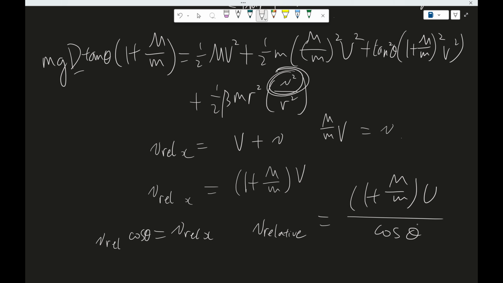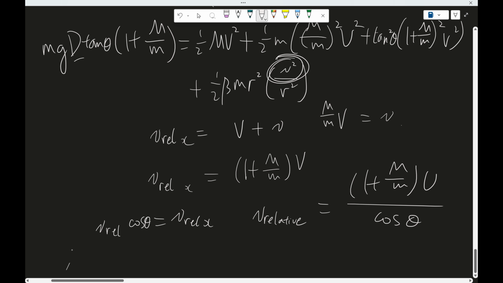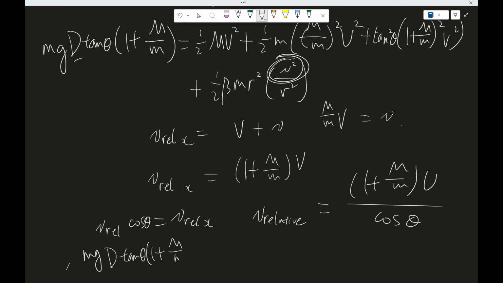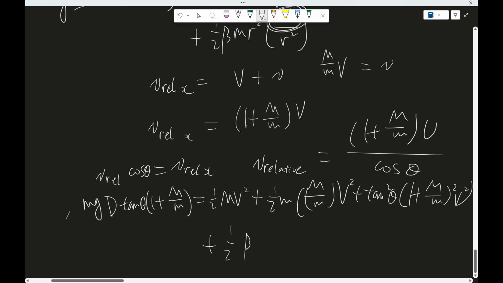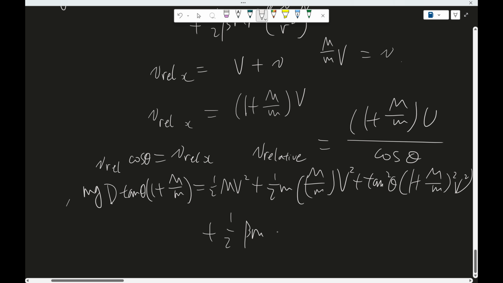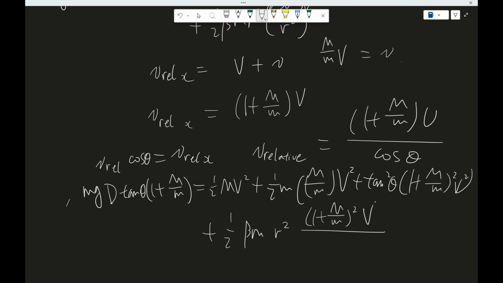the actual equation for the setup should just be small mg d tangent theta times 1 plus big M over small m equals half big M big V squared plus half small m times big M over small m squared V squared plus tangent squared theta times 1 plus big M over small m squared V squared plus half beta m r squared times 1 plus big M over small m squared V squared over cosine squared theta.